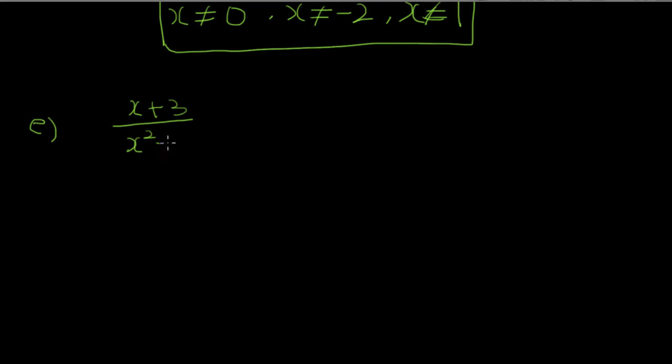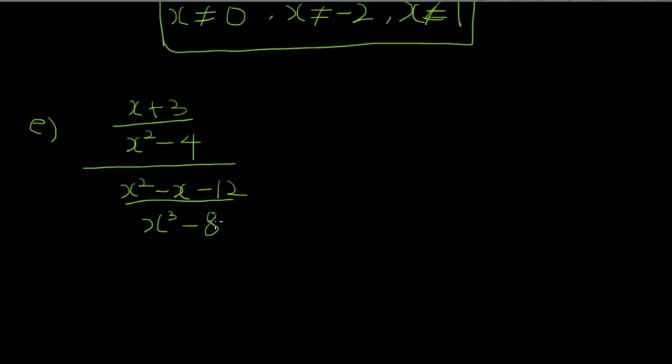Say x squared minus 4 on top of x squared minus x minus 12 over x cubed minus 8. Now this is like a complex form. Well, but you know, they're not that crazy. What we need to do, write this one in here.